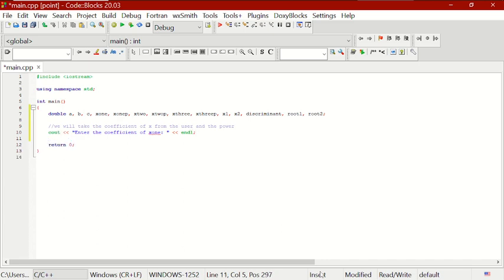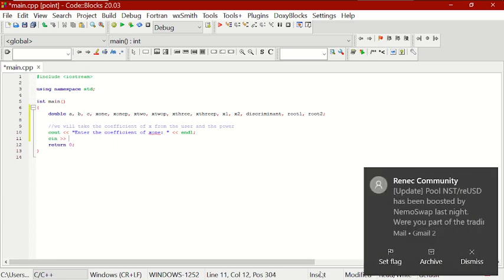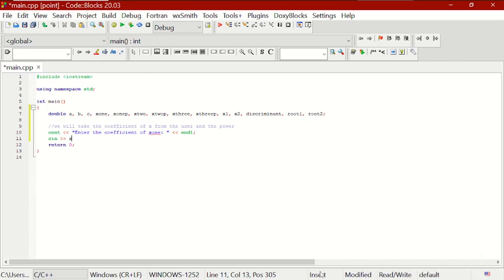And then cin. You can see cin. What do you want to store in that? You want to store x1, and terminate that.